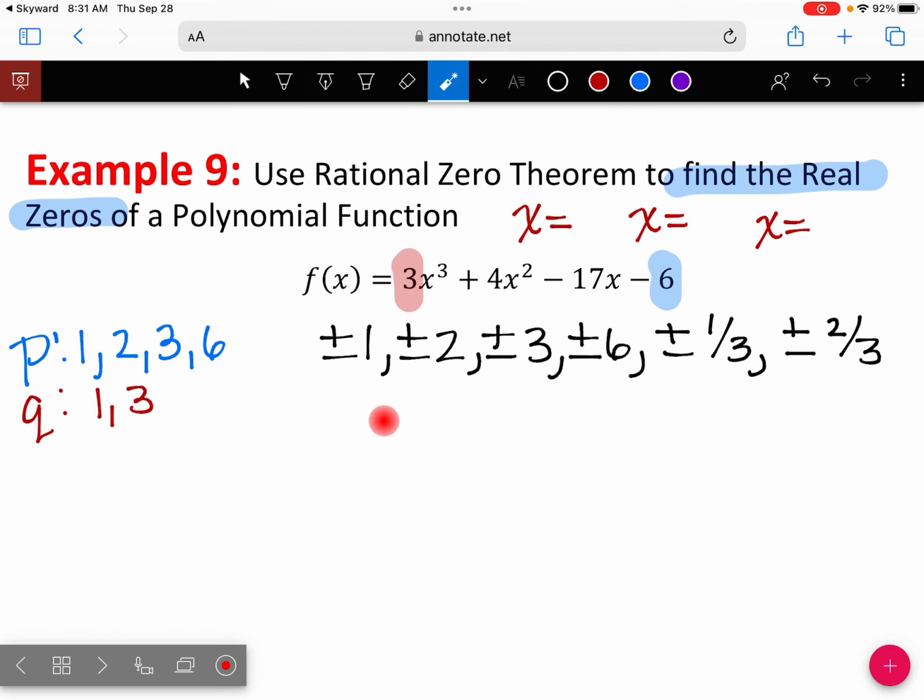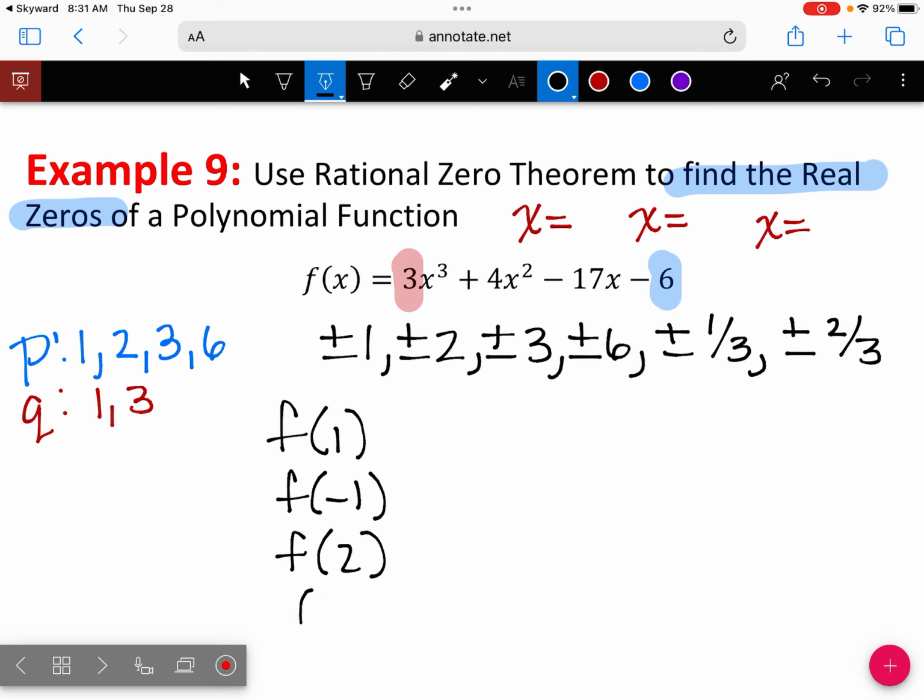I'm going to divide the class in 4, so we're not all doing this. We're going to start off by testing these. Hopefully it's in one of these 4, so we need to test f of 1, f of negative 1, f of 2, and f of negative 2.